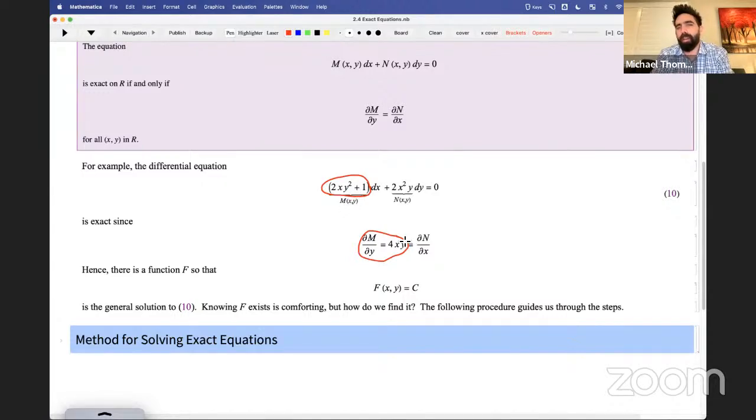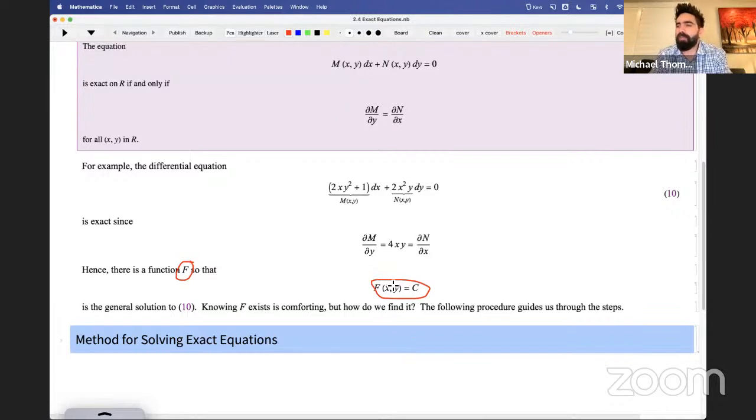And then we'll do the same thing here, and we'll take the partial of N with respect to x, and you also get 4xy. Okay, so since they're the same, we can conclude that there exists a function f so that if we take f and set it equal to c, that it's a general solution.